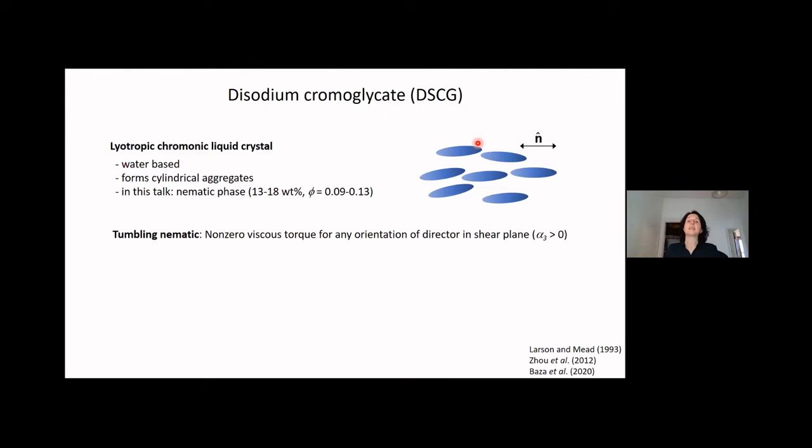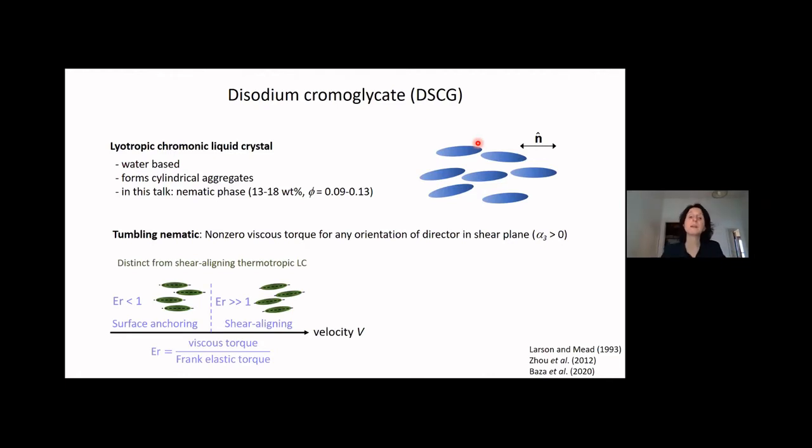So this disodium chromoglycate is a so-called tumbling nematic, which is a different behavior than the liquid crystals you might be familiar with, the thermotropic liquid crystals, the ones that we have in our laptop displays. And indeed, typical thermotropic liquid crystals, so those in your laptops, they typically shear align above an Ericksen number of order 1, where the Ericksen number tells us about the competition between the viscous torques acting on the liquid crystal and the Frank elastic torque.